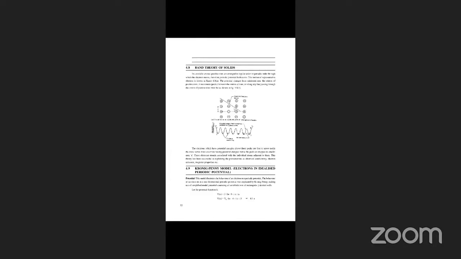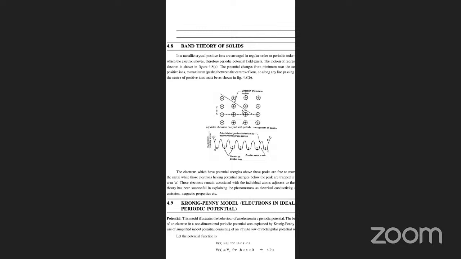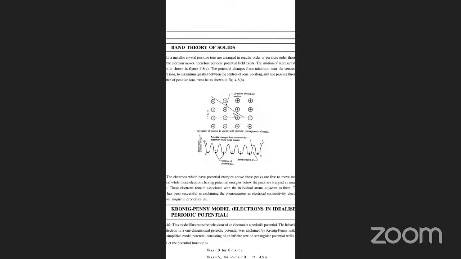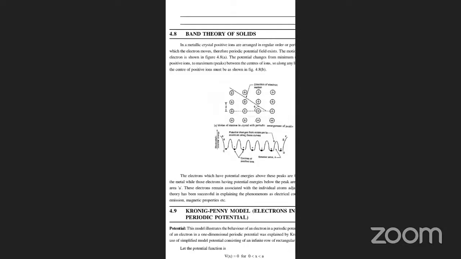Band theory of solids. In a metallic crystal, positive ions are arranged in a regular or periodic order through which the electron moves. Therefore, a periodic potential field exists.